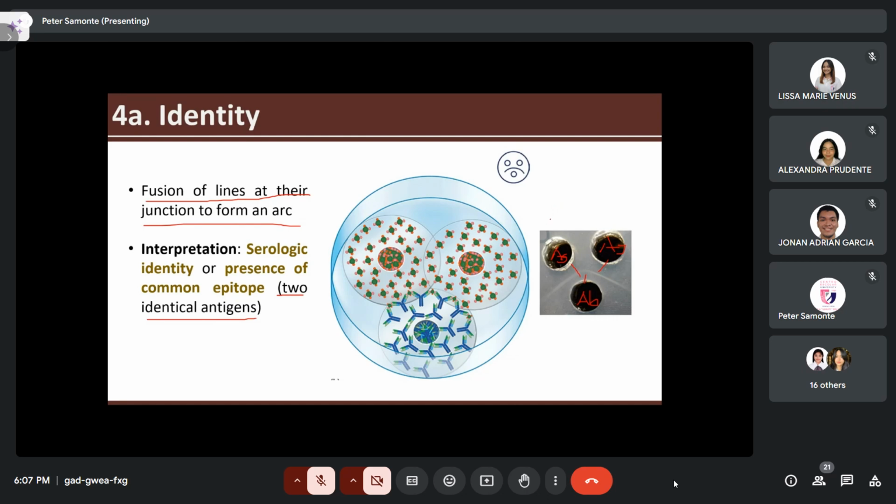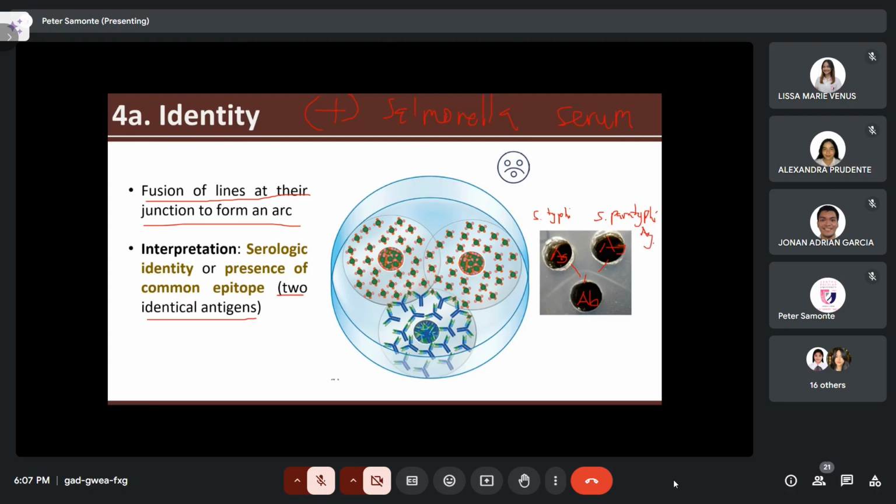To simplify, class, let's say your test is to identify if the patient is positive for Salmonella. So you would use the patient's serum. Now you would use here Salmonella typhi and Salmonella paratyphi antigens.